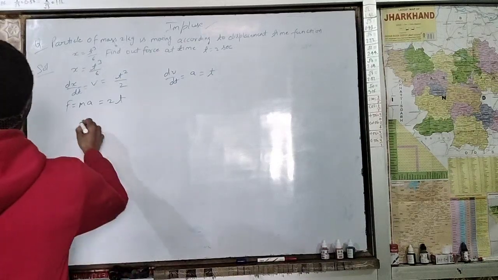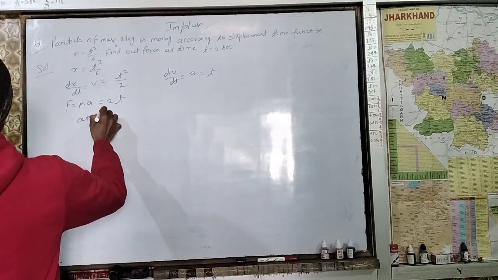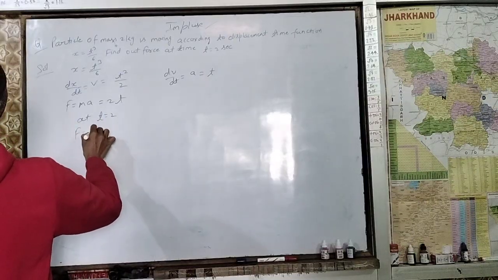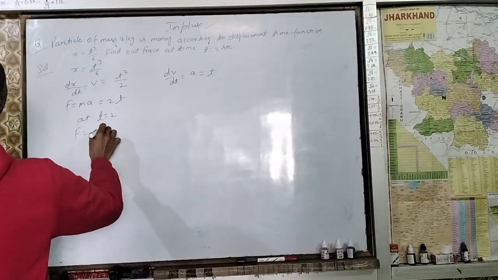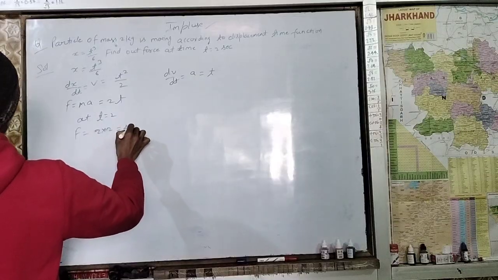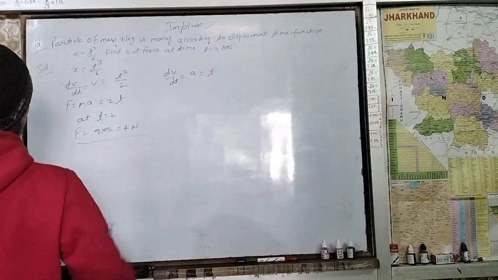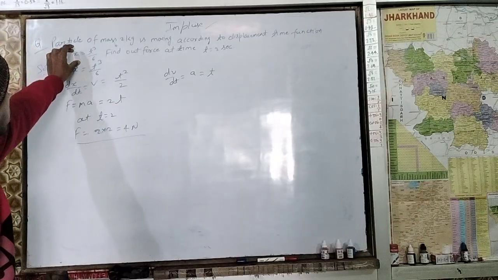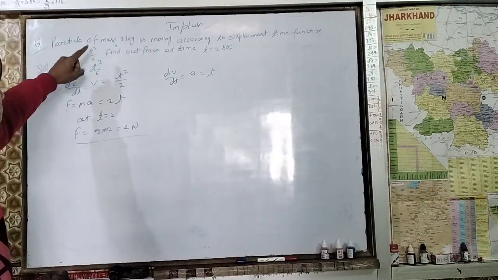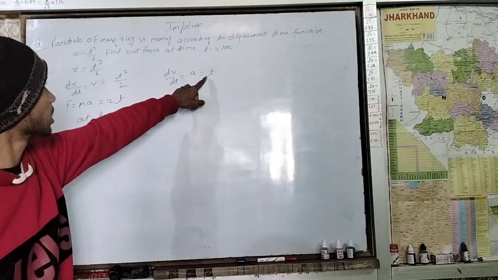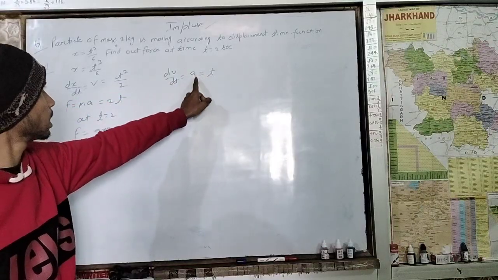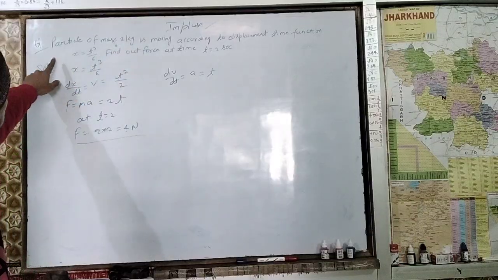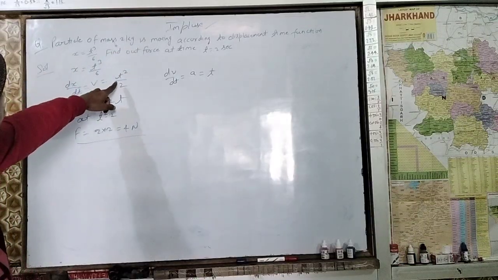At 2 seconds, what is the force? 2 multiplied by 2 will be 4 Newton. This is our force at this location, x equal to t raised to power 3 upon 6.